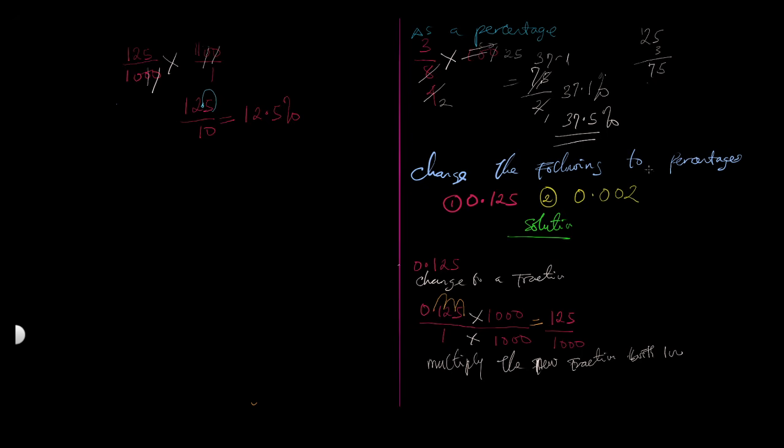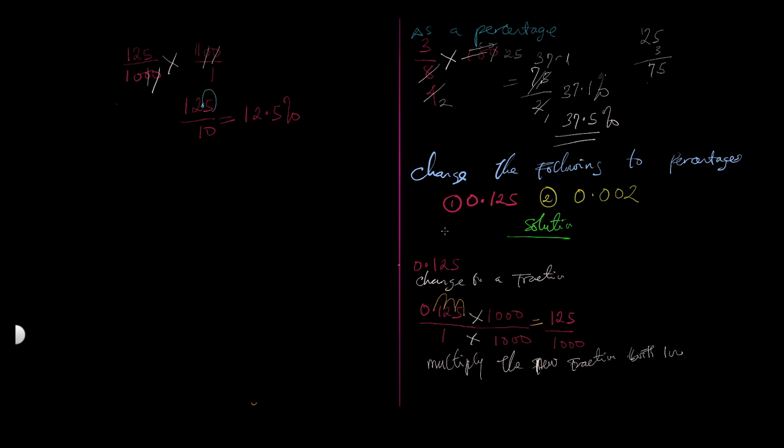We are asked to change the following to percentage, and the first one that we just did is 0.125. Now, what I said, the first step is for you to change this decimal first to a fraction. And to change the decimal to a fraction, you simply divide the decimal by 1, by writing 0.125 all over 1.